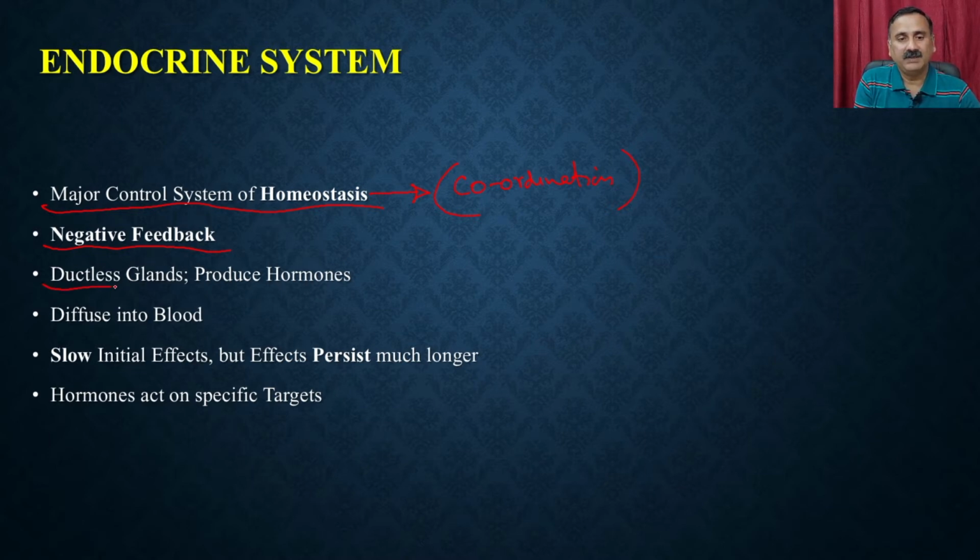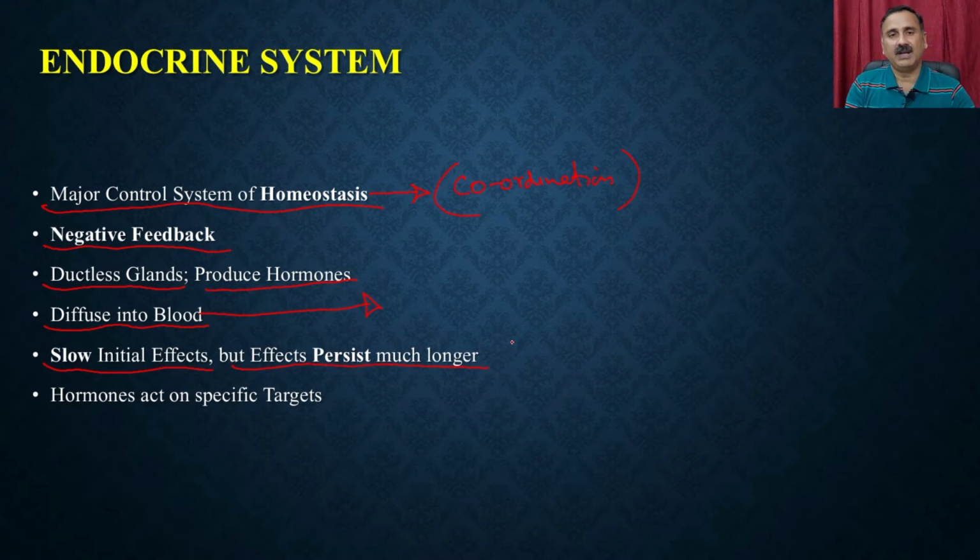Then we also have ductless glands, which produce the hormones. The hormones diffuse into the blood, and that is how they travel to distant locations and provide the signal or the information. They are slow, but the effect persists for a very long time.